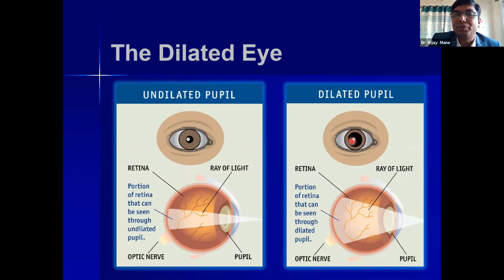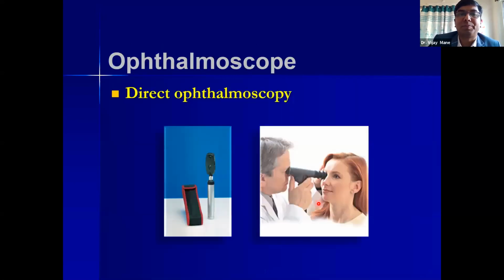As it dilates, we get more of a window to look inside the eye. This is called the field of view. So we have a large field of view, and we can take 2 to 3 such pictures to see the entire inside of the eye. So typically, a dilated pupil is used for examination purposes.